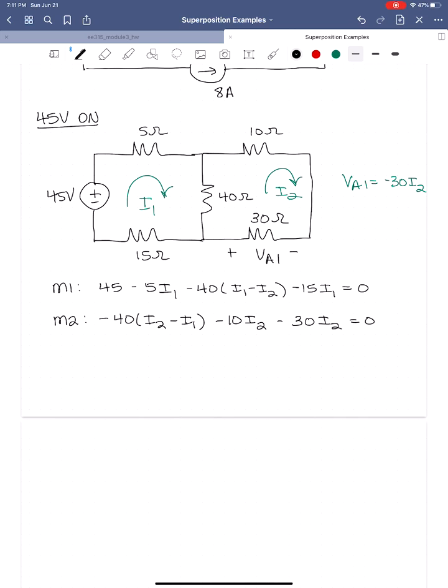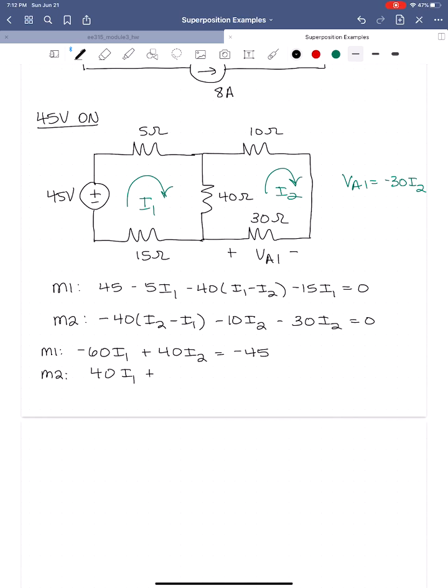So mesh 1 is going to simplify to minus 60 I1 plus 40 I2 is equal to minus 45.